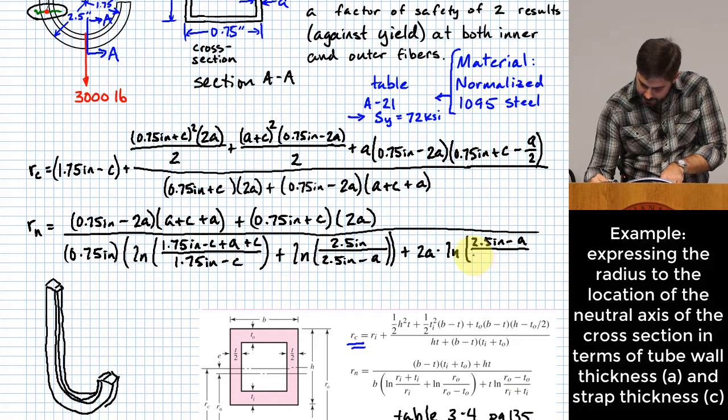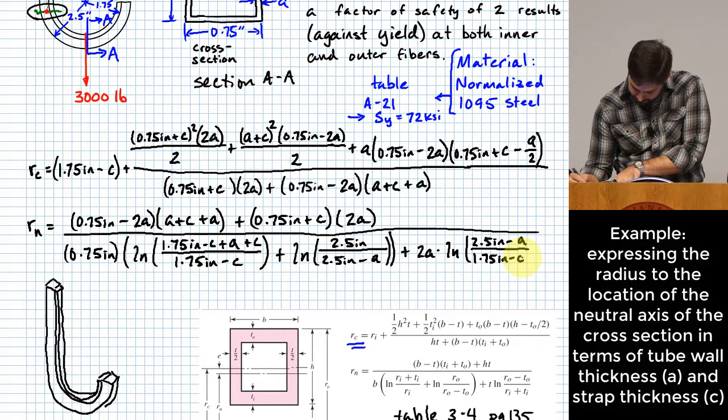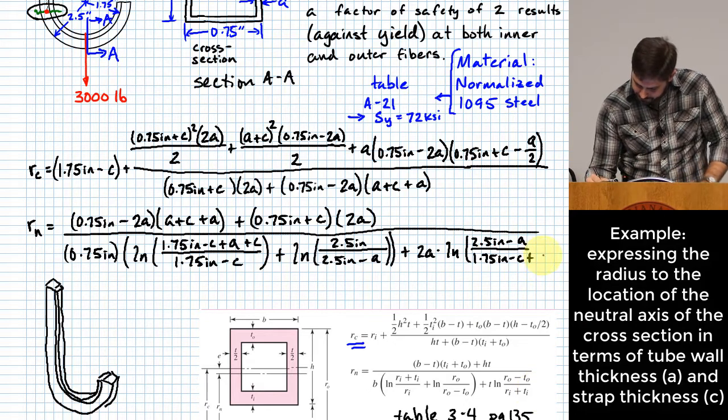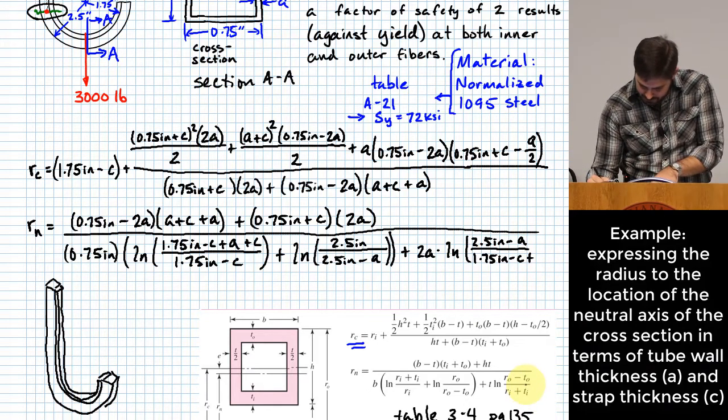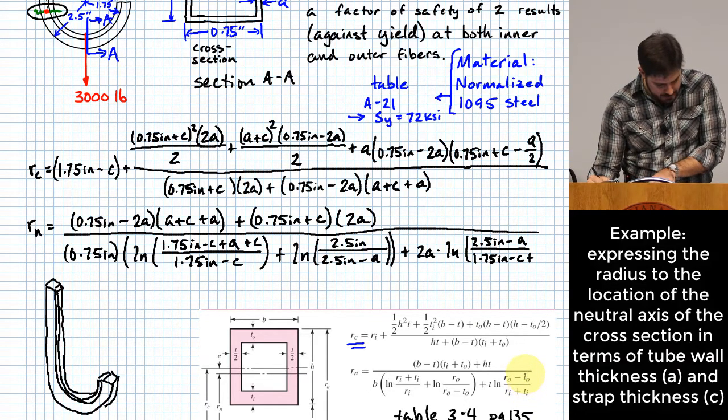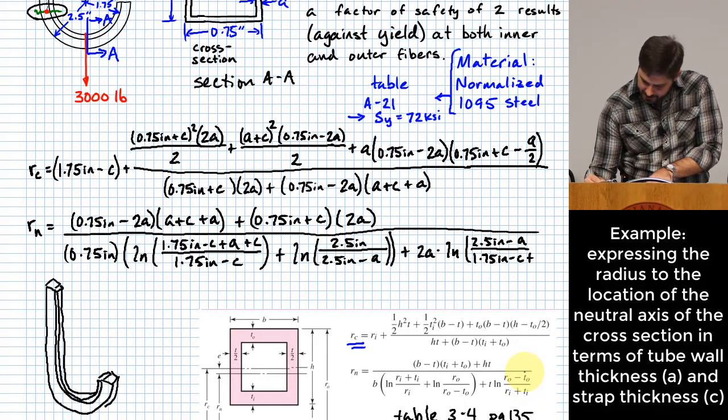Okay, RI is 1.75 inches minus C plus TI. TI is, let's see, C plus A, yeah, A plus C.